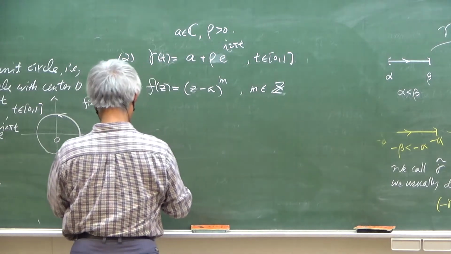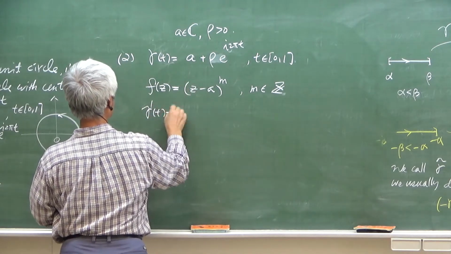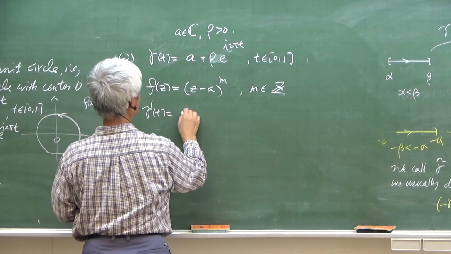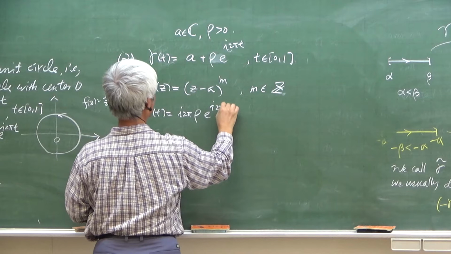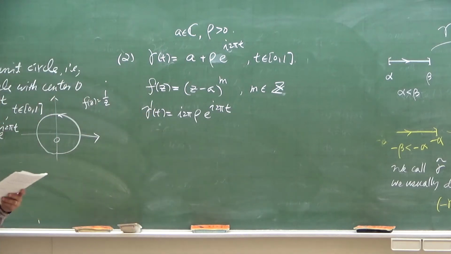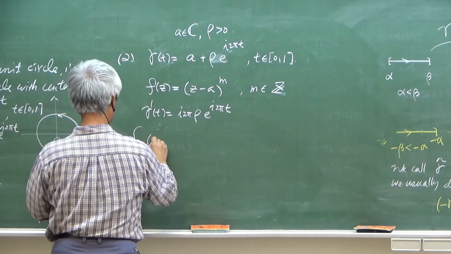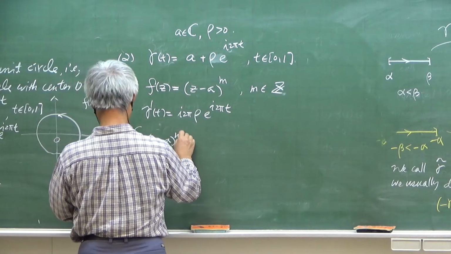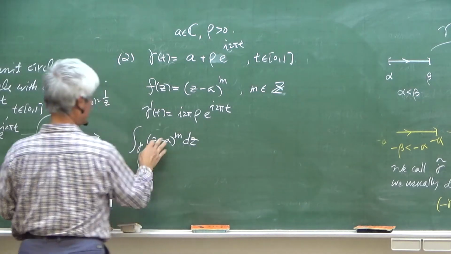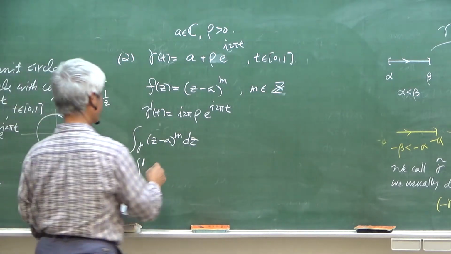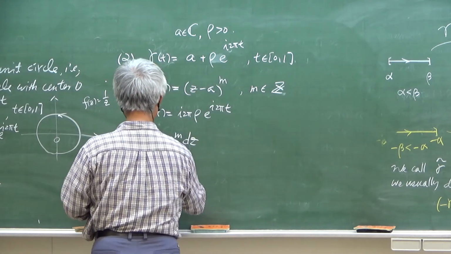Okay, so now let's see, the derivative is equal to i 2 pi rho e^(i 2 pi t). So we have the derivative here, and now we can evaluate that. The parameter t is from 0 to 1, and here is rho to the m.